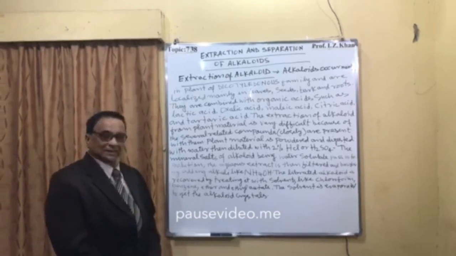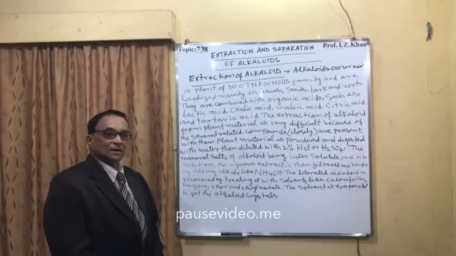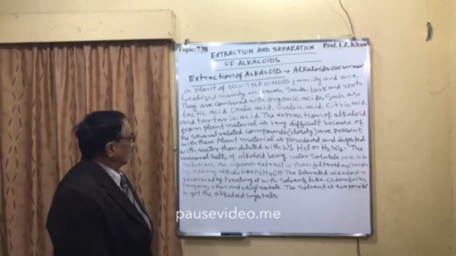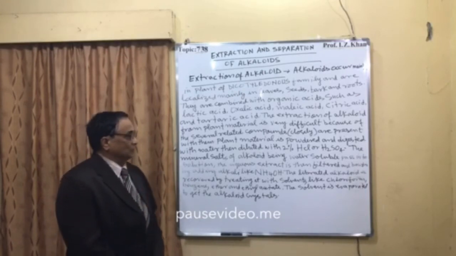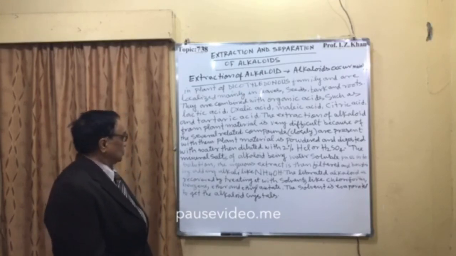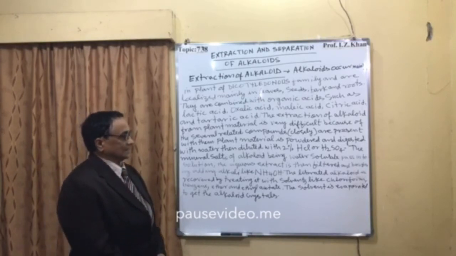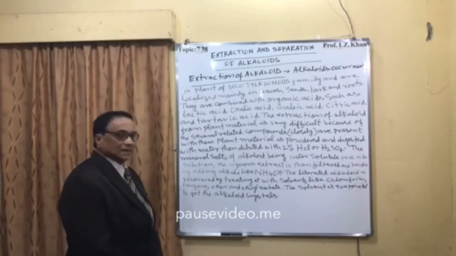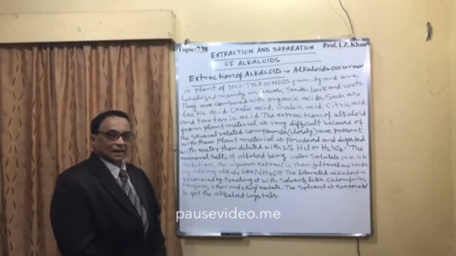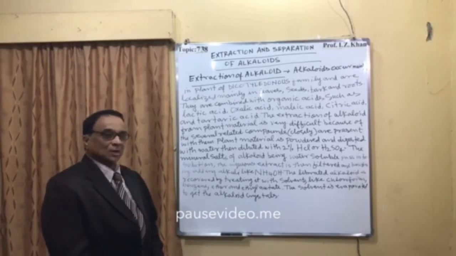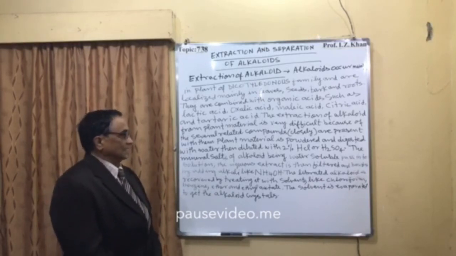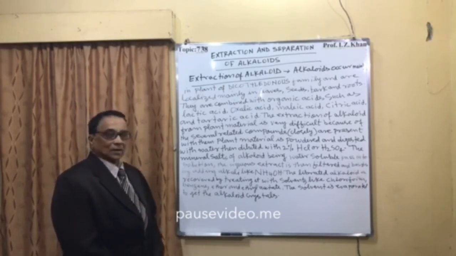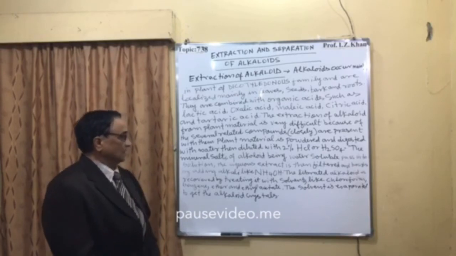With that acidification, the alkaloid will be liberated in the form of mineral salt, and the mineral salts of the alkaloid, being water soluble, pass into solution, and the aqueous extract is then filtered and basified by adding an alkaline solution, that is ammonium hydroxide, NH4OH, and the liberated alkaloid is recovered by treating it with a solvent like chloroform, benzene, ether, or ethyl acetate.